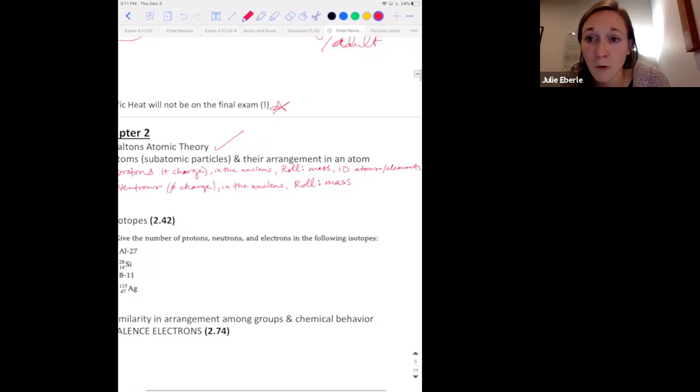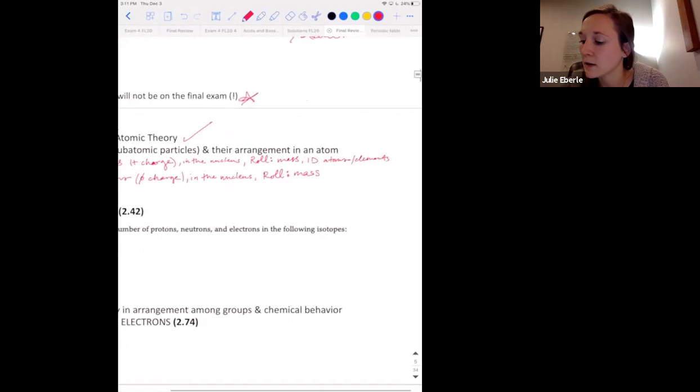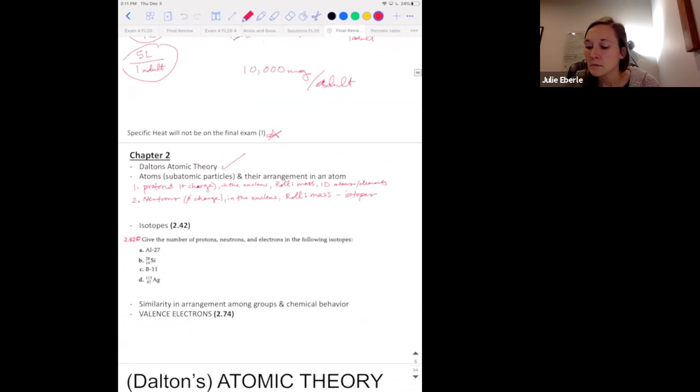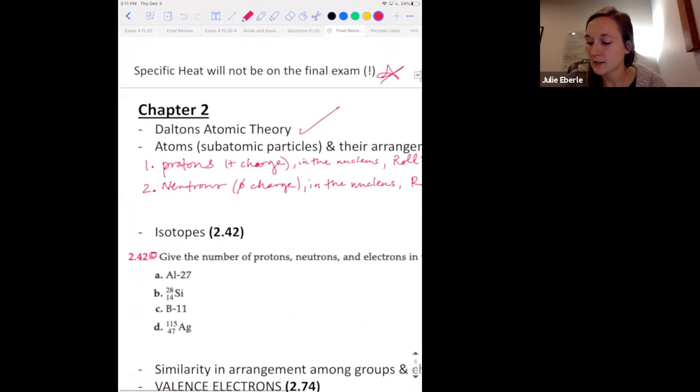They also weigh 1 AMU. Protons and neutrons weigh the same. And they are how we get isotopes, okay? So they're important because we vary the number of neutrons in an atom and we can get isotopes. So I'm just going to write isotopes here. We'll define what an isotope is in a second.